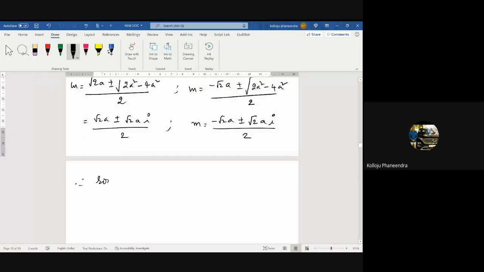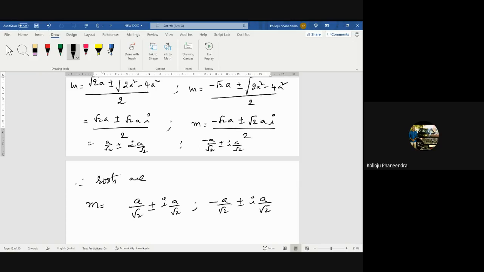Therefore the roots are m equals 2a by root 2 plus or minus ia by root 2, dividing by 2, this is a by root 2 plus or minus ia by root 2. Another is minus a by root 2 plus or minus ia by root 2.